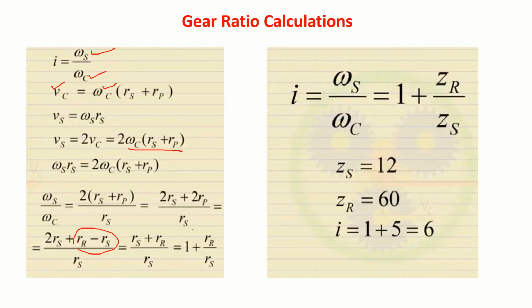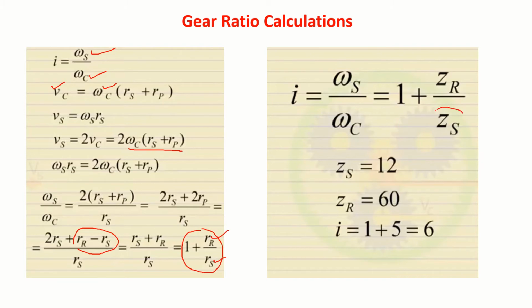Finally you will get I is equal to 1 plus Rr by Rs, that is ring gear radius by sun gear radius. Okay, this is nothing but again number of teeth. So I is equal to this, I replace by Zr by Zs.